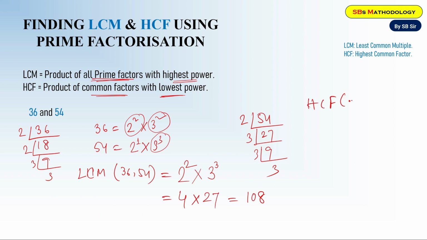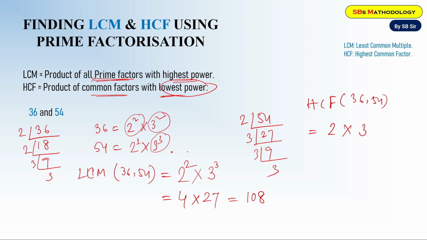Now what is HCF? According to the definition, the HCF of 36 and 54 will be the product of common factors. These two numbers have common prime factors 2 and 3, so we can write 2 multiplied by 3. Now we have to find their lowest power. In 36, 2 has power 2, and in 54, 2 has power 1.